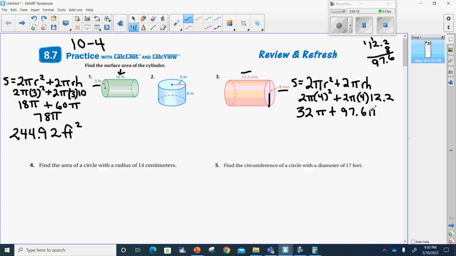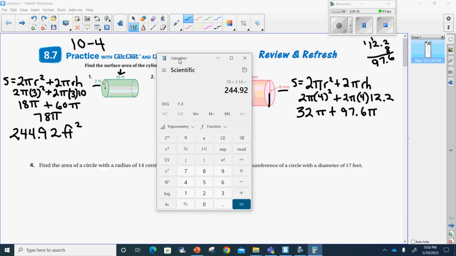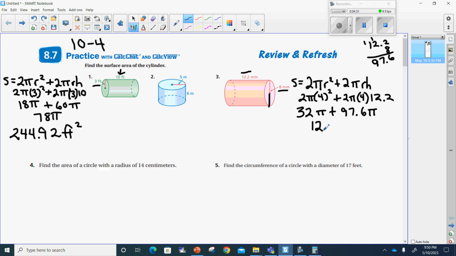All right. Now we're going to add these together. And 32 and 97.6, we'll just play it safe here and do it right there. 32 plus 97.6, that's going to equal 129.6. Times pi.